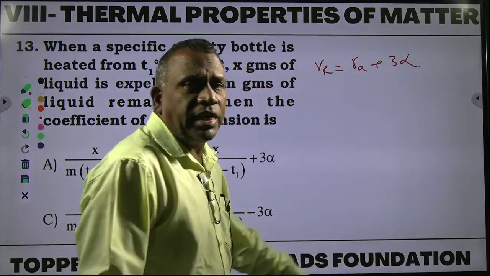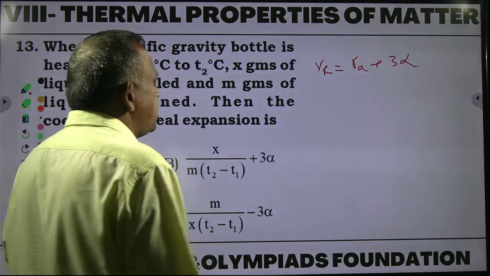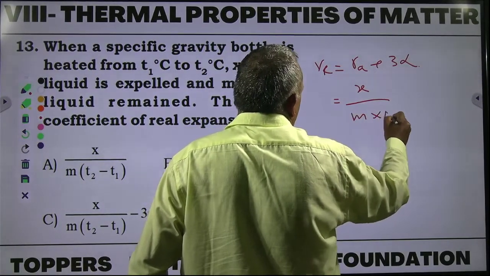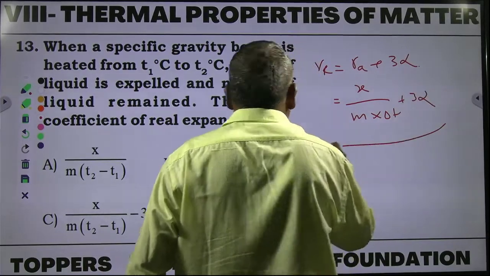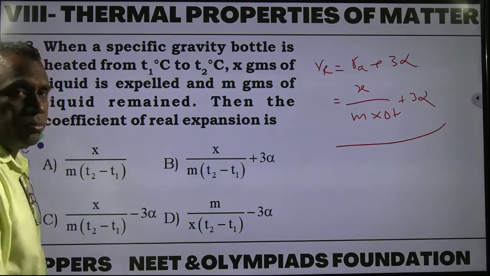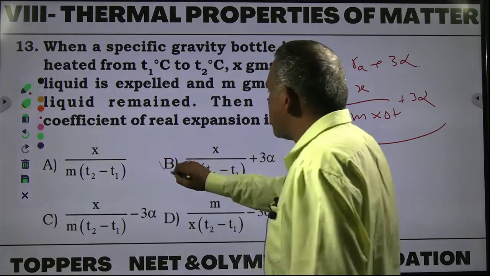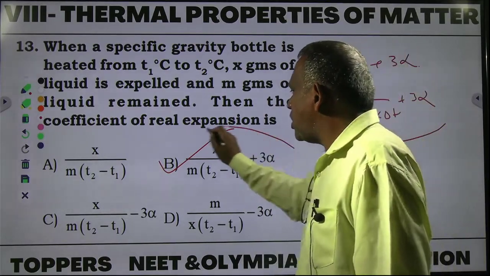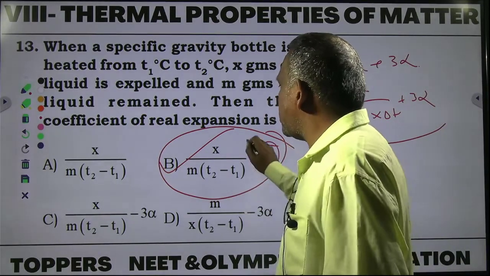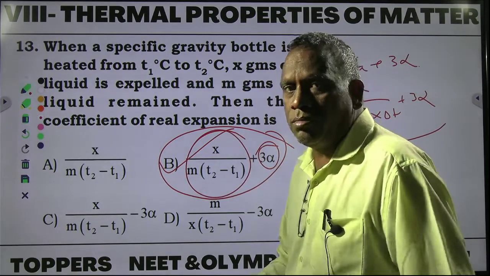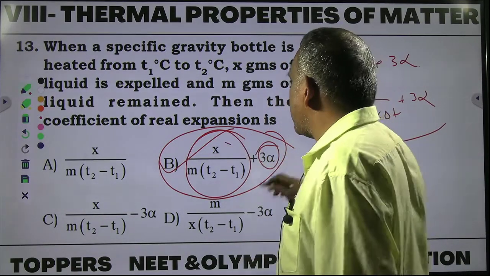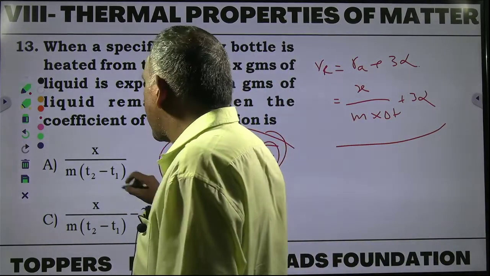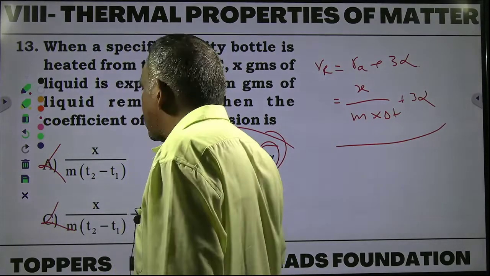Apparent expansion is the mass of liquid expelled upon original mass into change in temperature, plus 3 alpha. If you observe the 4 options, option B matches: x by m into T2 minus T1 plus 3 alpha, where 3 alpha is the container expansion. From this you get the coefficient of real expansion. So option B is correct. The remaining A, C, D are wrong answers.